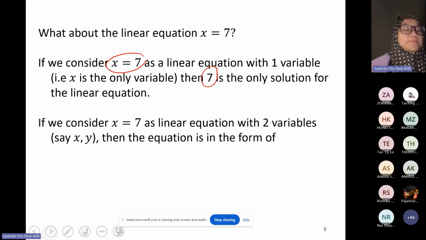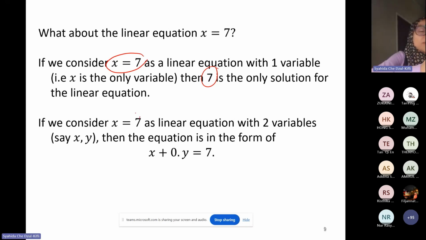But if we consider x equal to 7 as a linear equation with 2 variables, let's say we have another variable y, so we have variables x and y, then the equation x equal to 7 may be written as x plus 0 times y equal to 7.